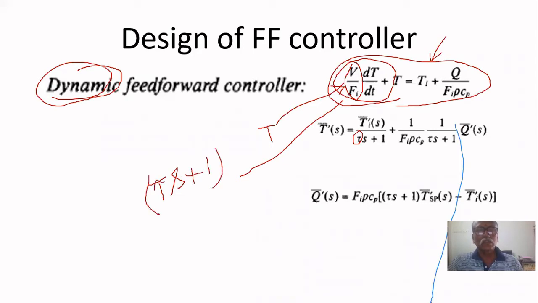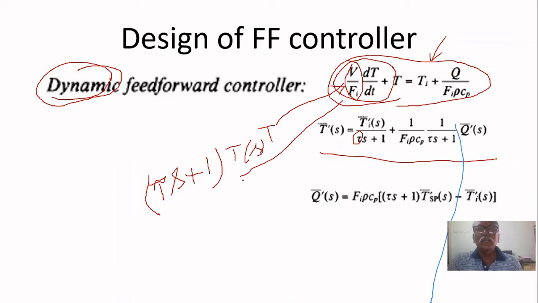This is T of S. If you take the Laplace transform, you'll get this. Here I wrote T dash of S, which means it is for changes, but let us assume T. If you divide both sides by tau S plus 1, you will get the equation.